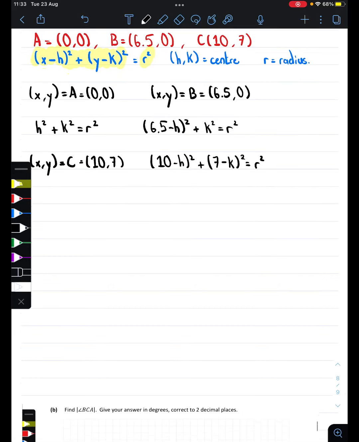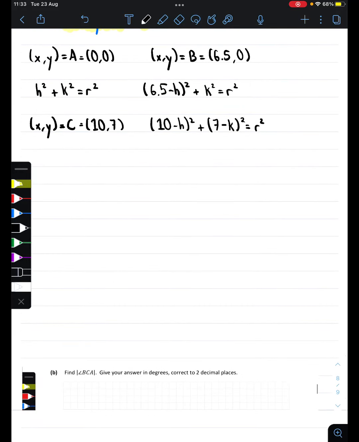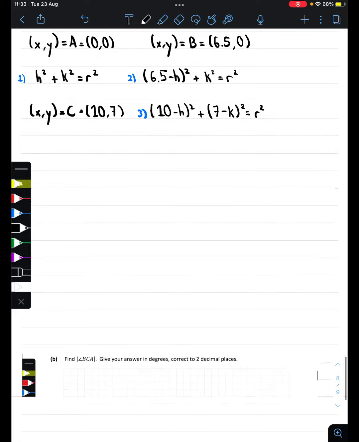Okay, and so if we notice, we have 3 equations here, and we have 3 variables, h, k, and r. So we can do a simultaneous equation. So let's write down our 3 equations.